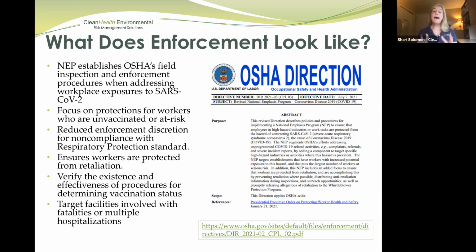If you, as a facility, have made a good faith effort to implement an emergency temporary standard, that will be taken into account. So again, putting my legal hat on, documentation, validation, and ensuring that you're making those efforts would all be valuable towards any enforcement action that may occur.